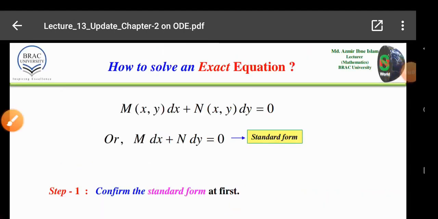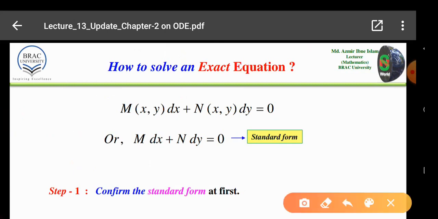Now let's see how we can recognize an exact differential equation and how we can find the solution of an exact differential equation. So an exact differential equation will always take this standard form, M dx + N dy = 0, where M and N both are functions of x and y.